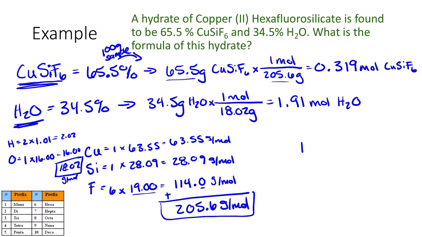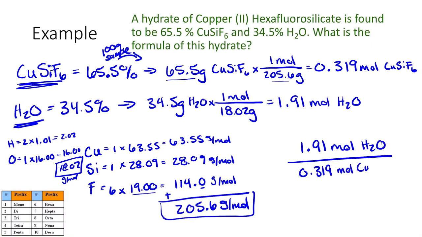So I'm going to take 1.91 moles of H2O, and I'm going to divide that by the moles of copper 2 hexafluorosilicate. So 0.319 moles of CuSiF6. All right.